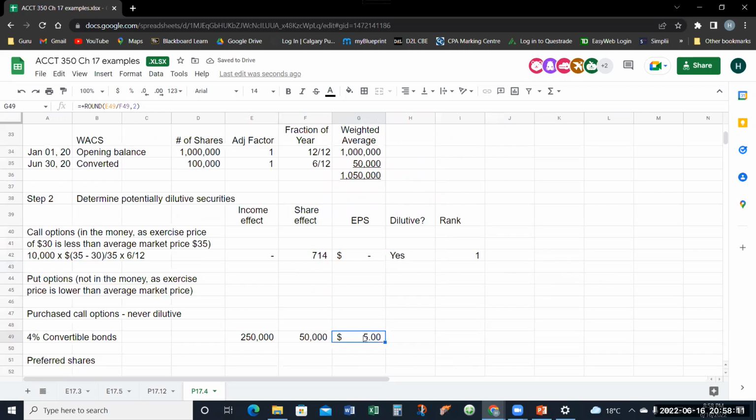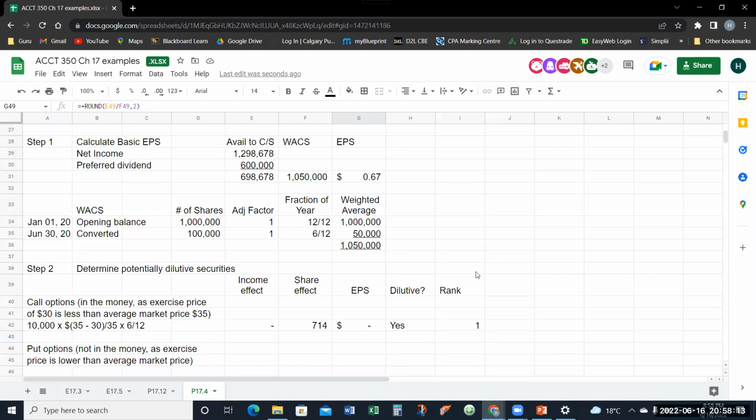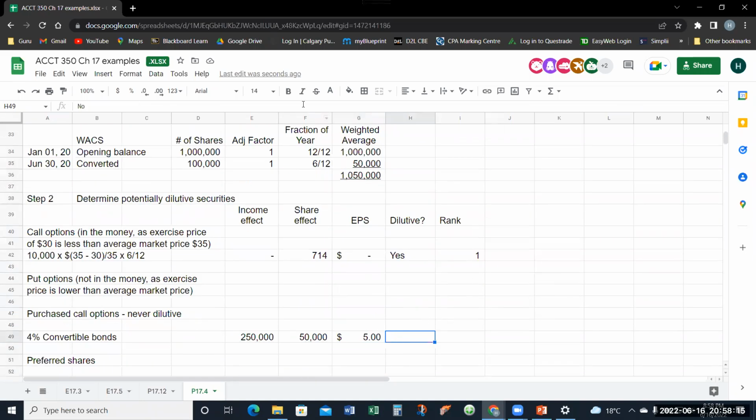And when I compare $5 to 67 cents, $5 is way too high. So this is not dilutive. The convertible bonds are not dilutive. If they're not dilutive, ignore. I could only tell they are dilutive after doing the math, right? But if I find that the individual EPS is more than the basic earnings per share, ignore.